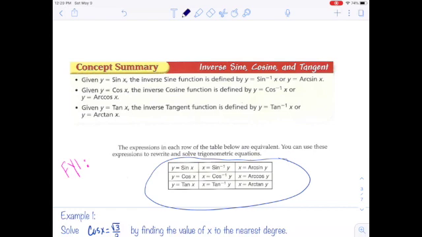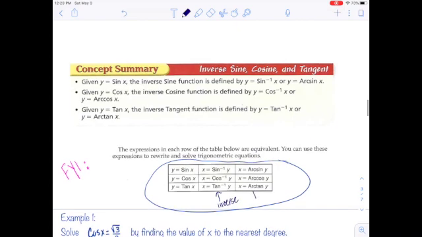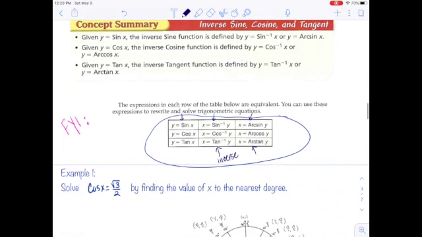All right, any of the expressions that I circled down there, y equals capital sine of x, and y equals capital cosine of x, and y equals capital tangent of x, really just means inverse sine of y, inverse cosine of y. Remember that -1 stands for inverse. Okay, and same story with arctangent, arccosine, and arcsine. And again, capital letters there, capital letters here, capital letters here. If they're lowercase, you're going to have more than one answer.